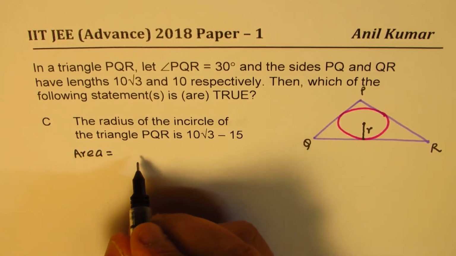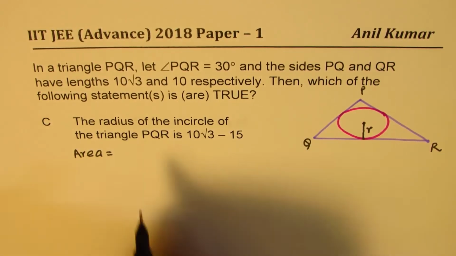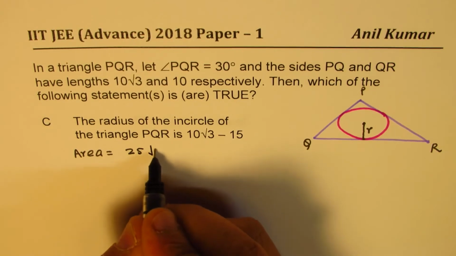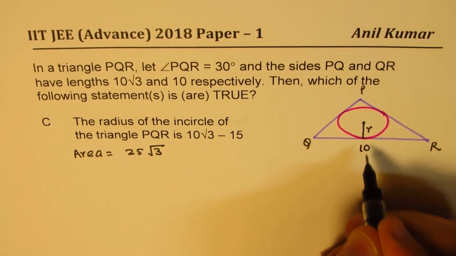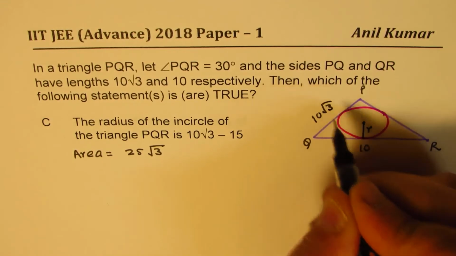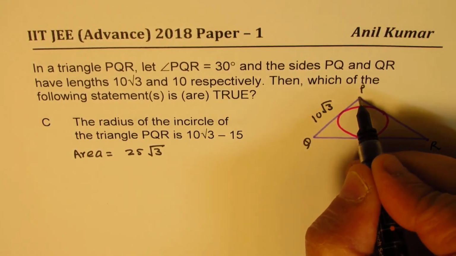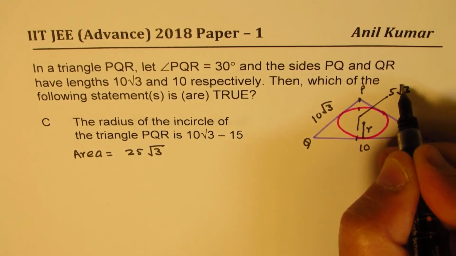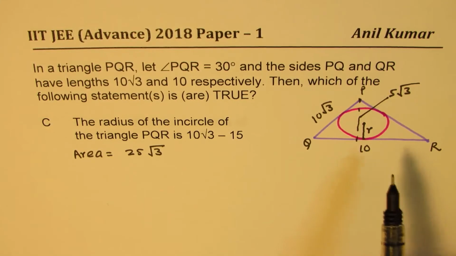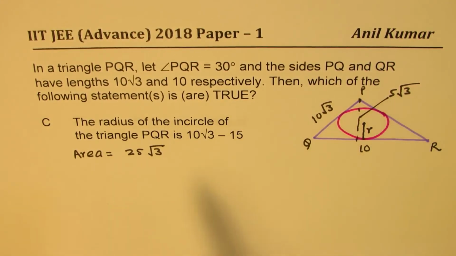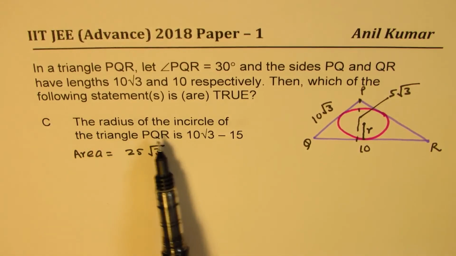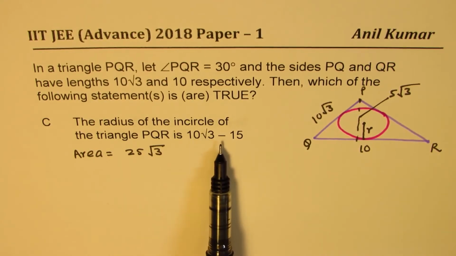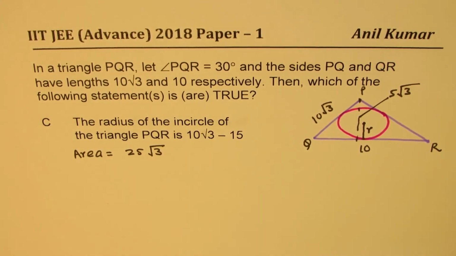We found the area just now as, I think it was 25 square root 3, right? So it was half of 10 times 5 square root 3, correct. So half base into height, 25 square root 3 was our area, correct. Now we need to find the radius of the incircle, and is it 10 square root 3 minus 15?